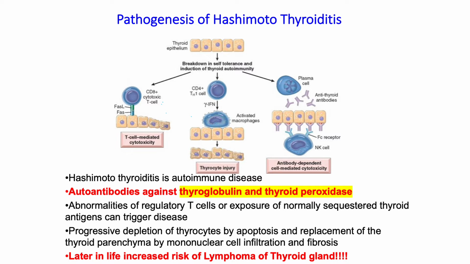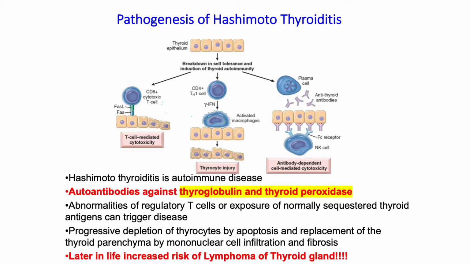Now, one of the important complications of Hashimoto's thyroiditis is lymphoma of the thyroid gland. This lymphoma is usually a B cell type. It could be either a diffuse large B cell lymphoma, or it could be extranodal marginal zone B cell lymphoma. Both types of B cell lymphomas are seen in the thyroid gland in association with Hashimoto's thyroiditis.